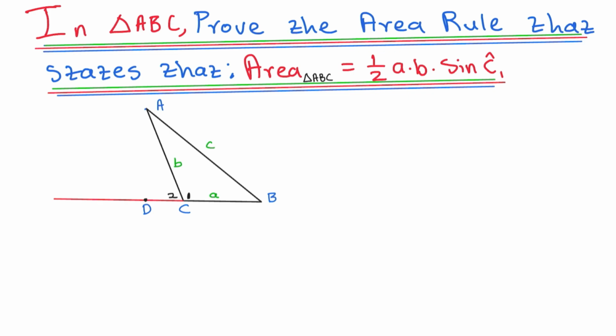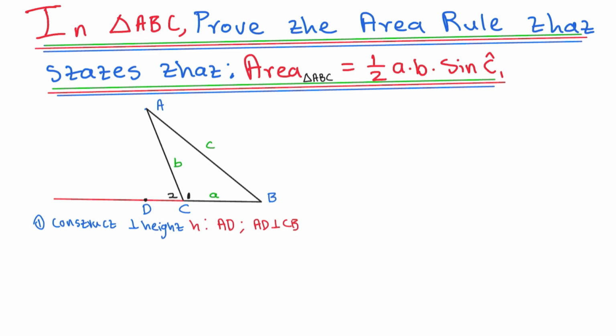So the first step is to construct. You're going to say, I'm going to construct height H, which is perpendicular. You can even write 1 here and say construct perpendicular height H. And when you construct it, it's going to be AD, such that AD is perpendicular to CB, this line.